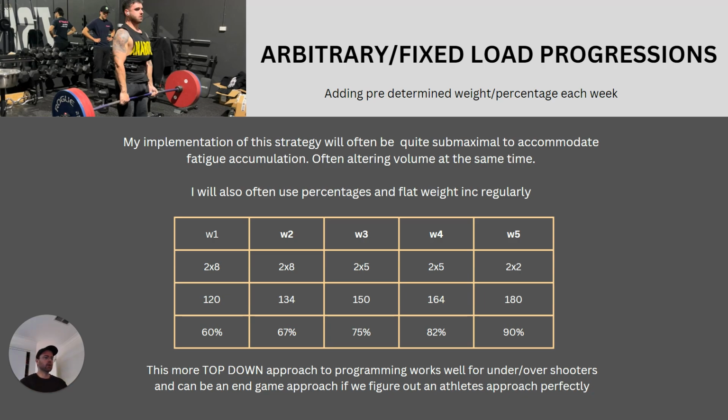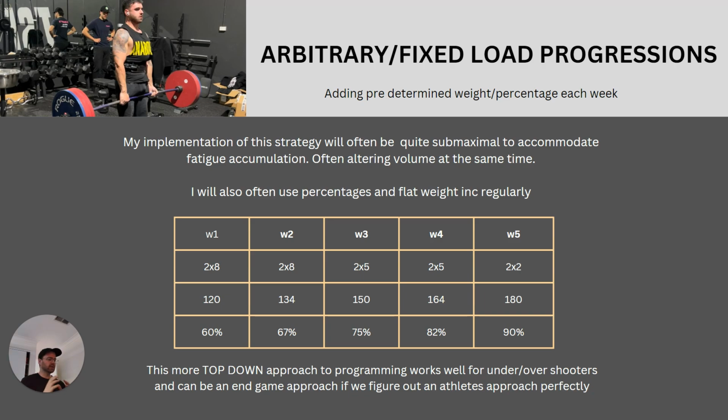This can also, and I'm not going to go too much into detail, be a very end game approach. So I said it's for beginners and intermediates. It can also be for the extremely advanced, because once we have a really nice view of how you progress at an individual rate, we've tracked many cycles yielding really good responses every time.